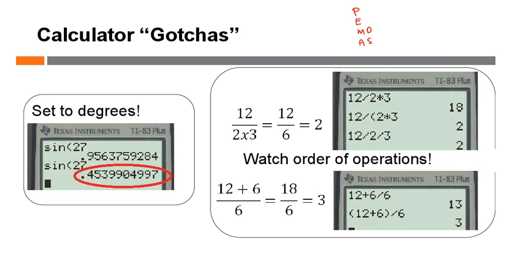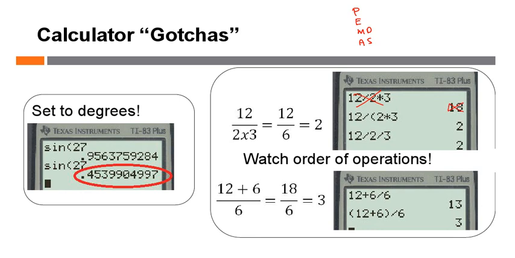So when it finds anything on the same rung, it does left to right. So when you say 12 divided by 2 times 3, it says that division is just as important as the multiplication, so I'm going to do the 12 divided by 2 first. That would give you a 6, and 6 times 3 is 18. Wrong answer. Okay? Don't do that.